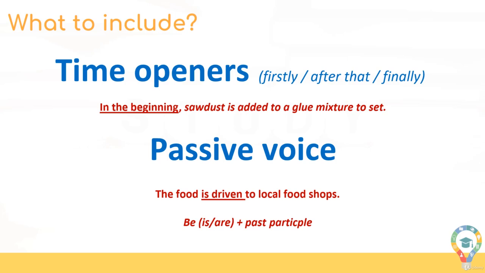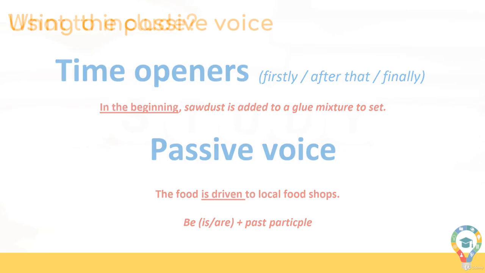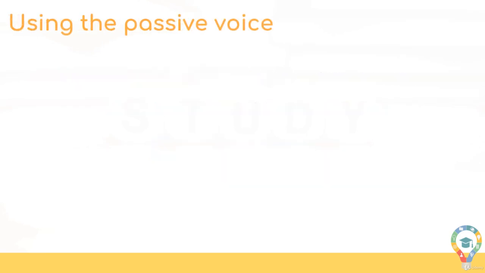So we make the passive voice by using be or is and are plus the past participle, which in our example sentence is driven. Let's take a bit of a further look at passive voice, as it is quite important for your report.